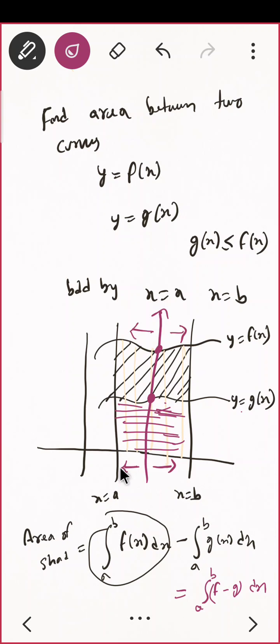This can go up to x equal to a, x equal to b, so your value will be dx here. So that's why dx and a to b. And what is exit curve minus entry curve? Exit curve is y equal to f of x, entry curve is y equal to g of x. So answer will be integration a to b of f of x minus g of x dx. Is that okay?